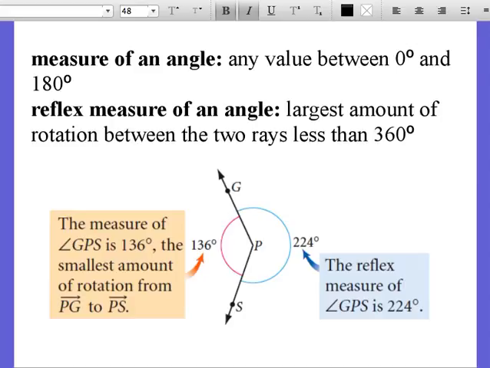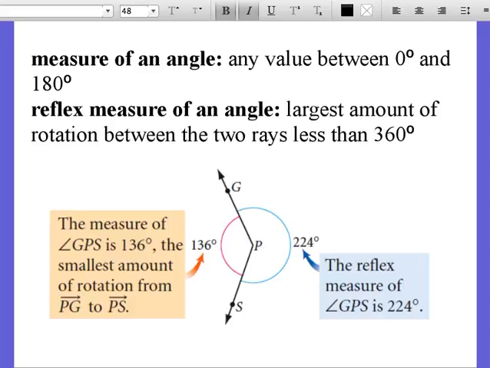Notice there's a degree symbol there. And then the reflex measure of an angle. That is the largest amount of rotation between the two rays, but it has to be less than 360.